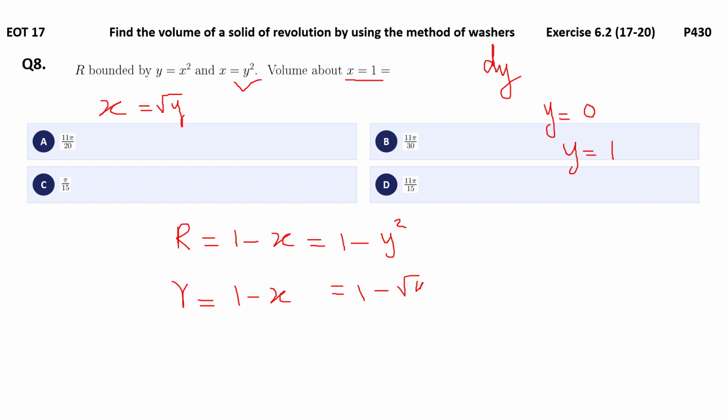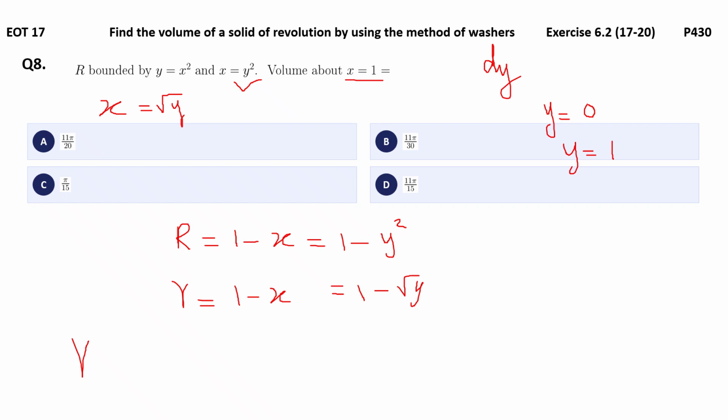Since you are using a calculator, there is not much need to worry about what is outer or what is inner radius. Only thing, if you switch the outer radius and inner radius, you will get the value as negative. Be aware, volume cannot be negative, so we will consider the positive answer. So don't strain much, okay?